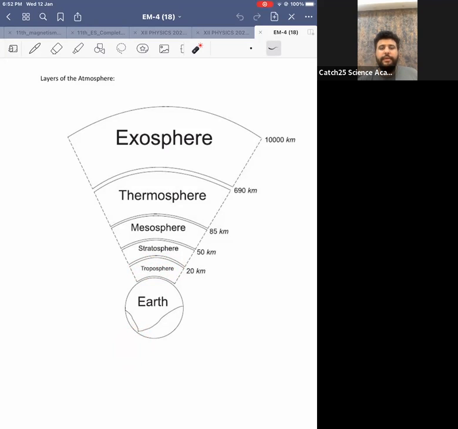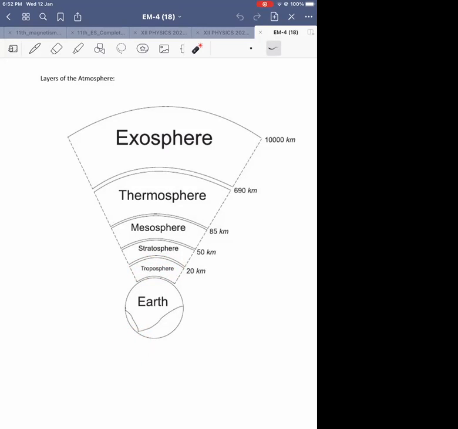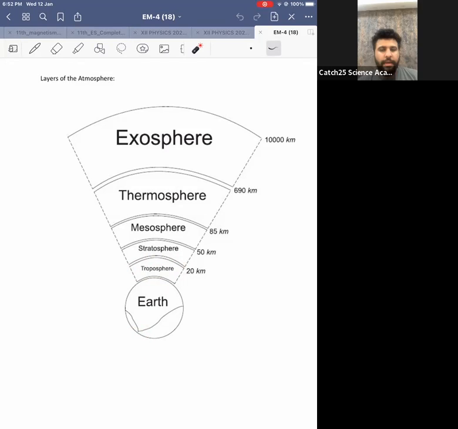This layer has breathable air and water cycle.